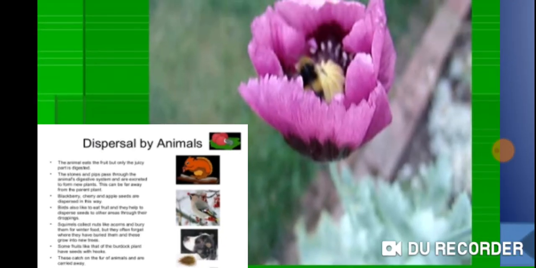The animals may also include sparrows, squirrels, monkeys, or any seedling that is attached on their body, and they can go and sit on another plant or flower, or touch another flower part, and the pollen or seed may get attached to the stigma of another flower, so pollination is possible.